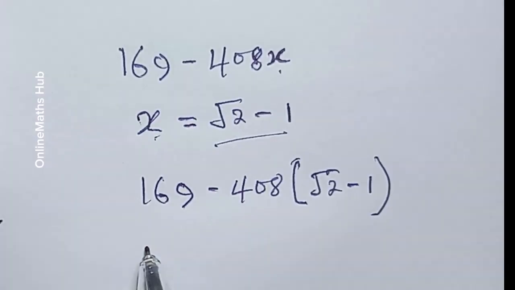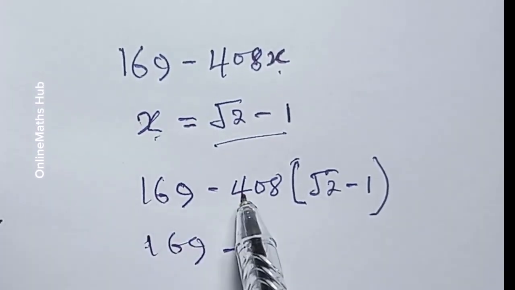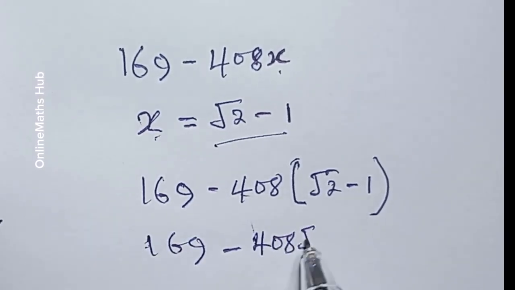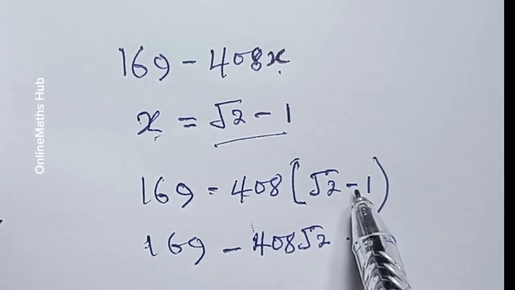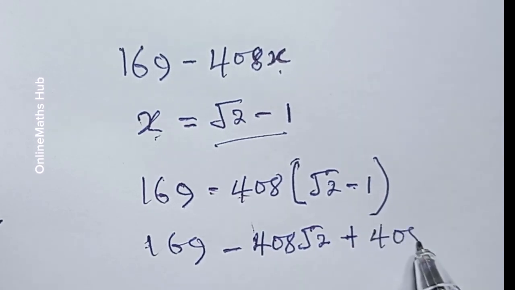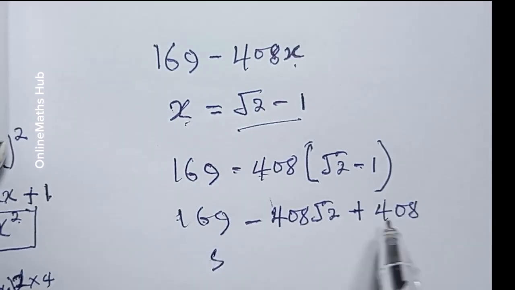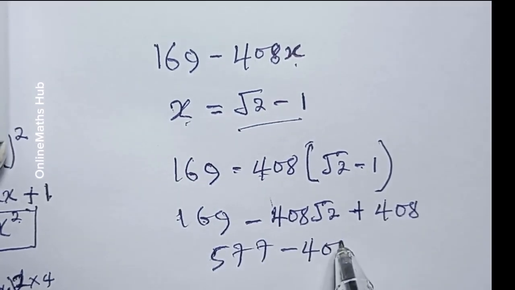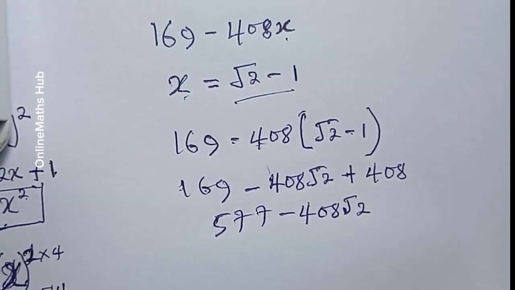So what I'm going to be having is 169 minus, when you use this to multiply this, minus 408 root 2, and then of course this multiplied by this will give us plus 408. If you add this to this, you're going to be having 577 minus 408 root 2. So this is actually going to be the answer.